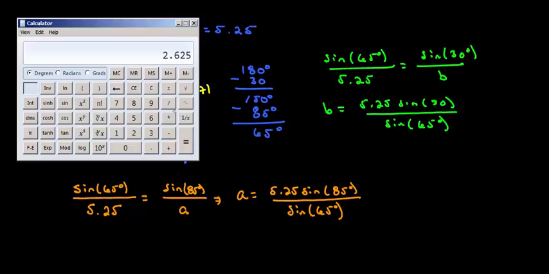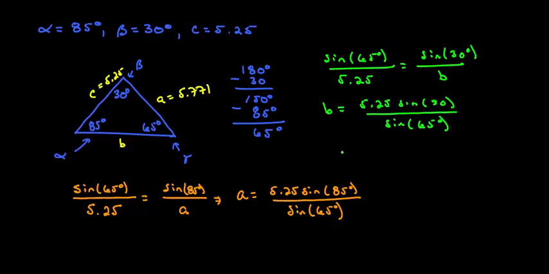And now I've got to take that and divide it by the sine of 65. Which is giving me, we'll say, 2.9. Okay, and so now we've got this for B, which is 2.9, and that makes sense. It's definitely smaller than the other two sides.